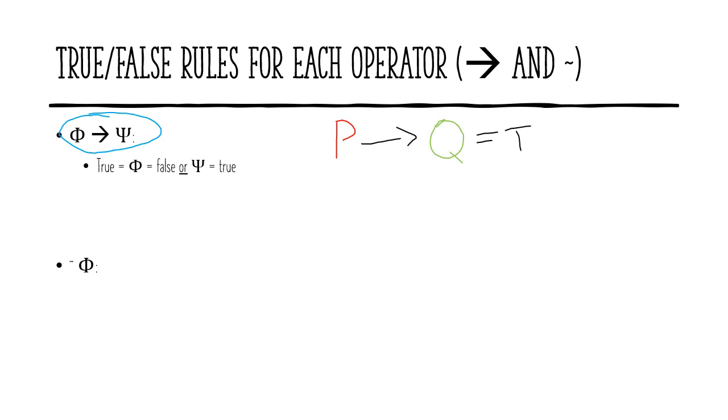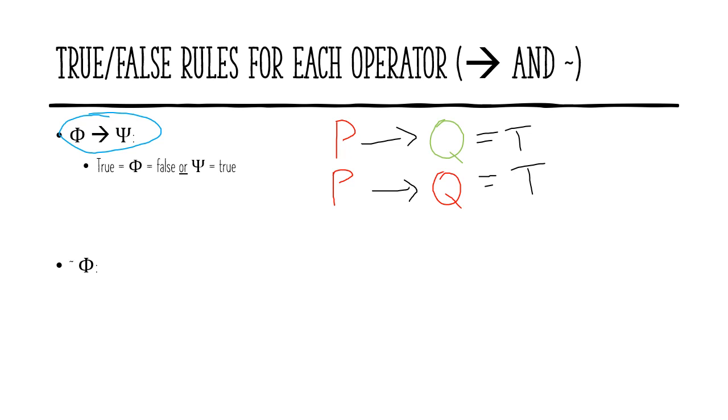Now let's look at the case in which both of them are false, where both P and Q are false. Well, looking at our truth rule, it only has to be one or the other. Either the left side's false or the right side's true. The left side is false, the P is false, so it's got to be true. So if the left side is false, then it's automatically true.